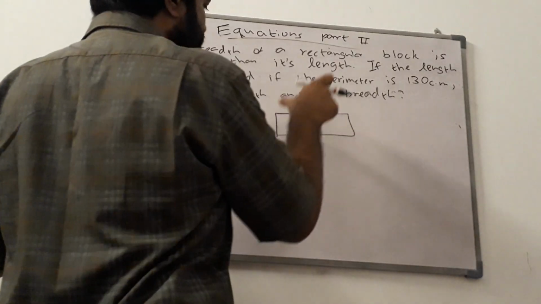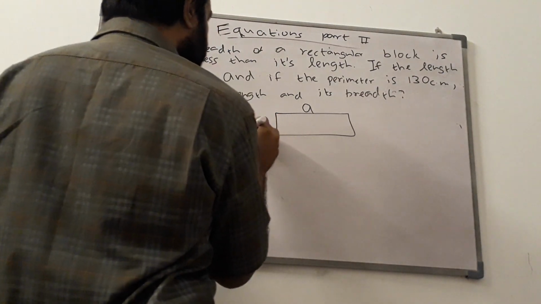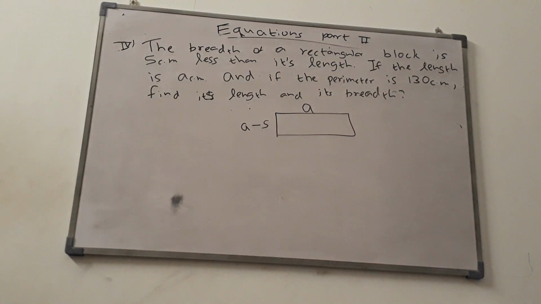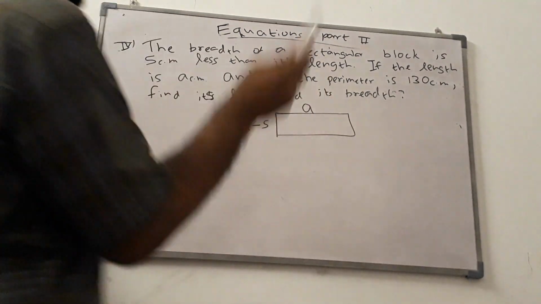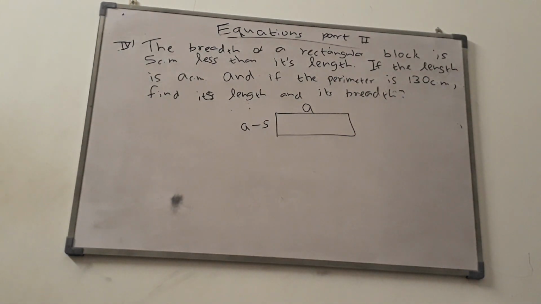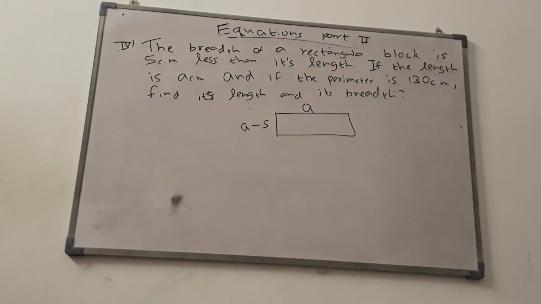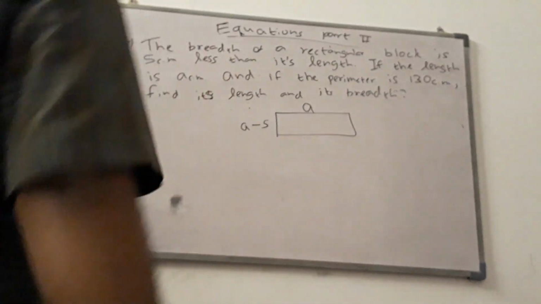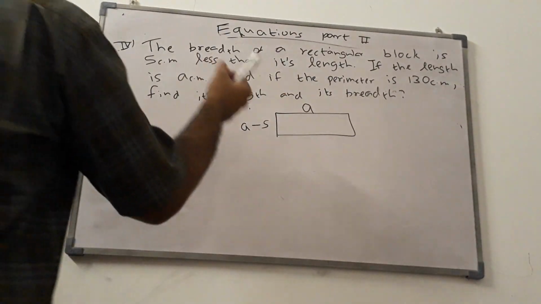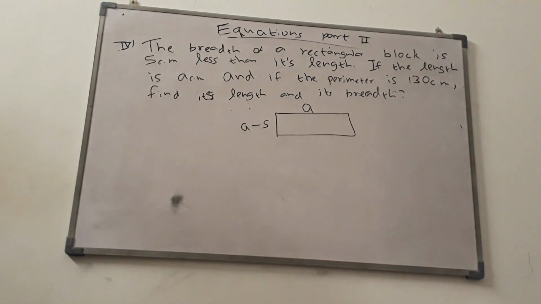Length is a, so for the breadth you have to subtract 5 from a. And it is also said the perimeter is equal to 130.